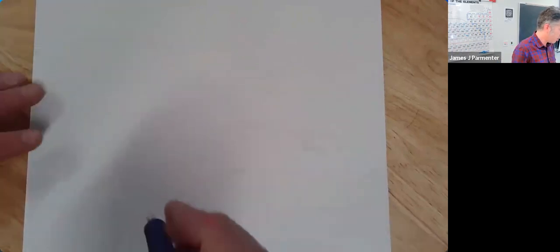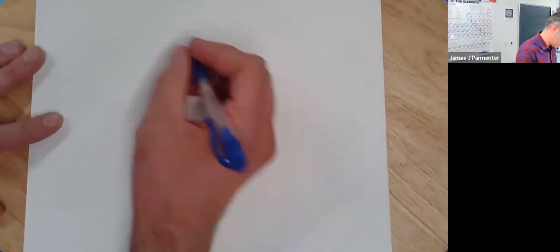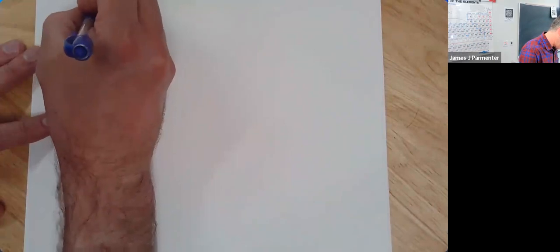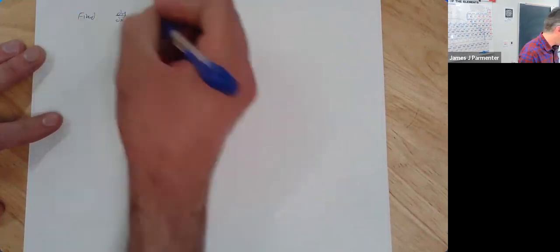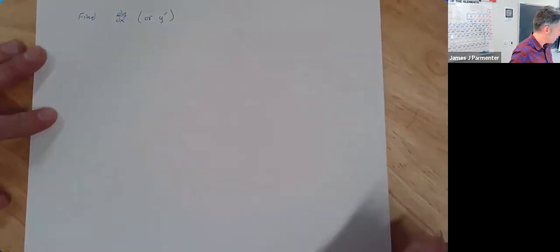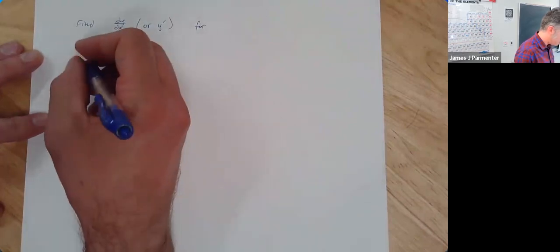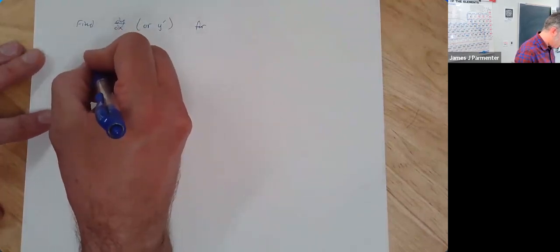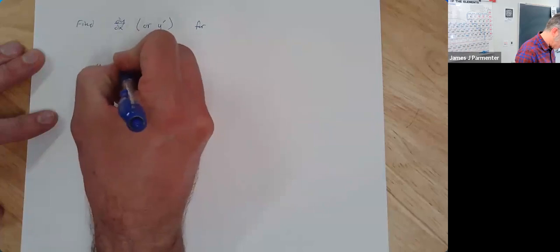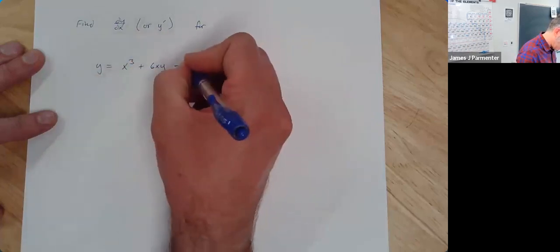Okay, so let's say we have something like this. Find dy dx, also known as y prime. It's totally fine to write one or the other. For the following, we have y equal to x cubed plus 6xy minus y to the 4th.